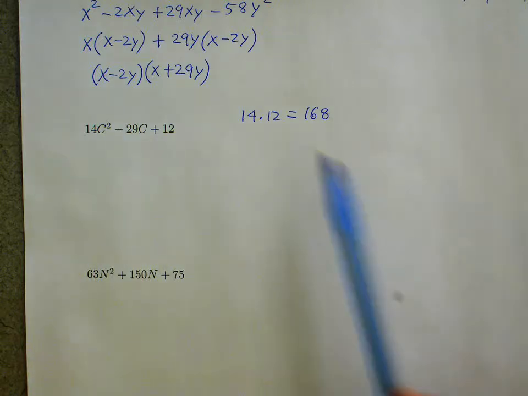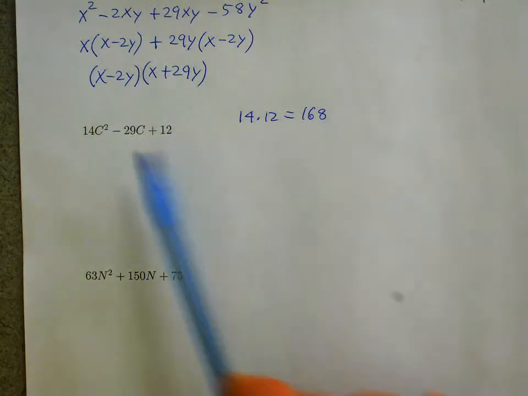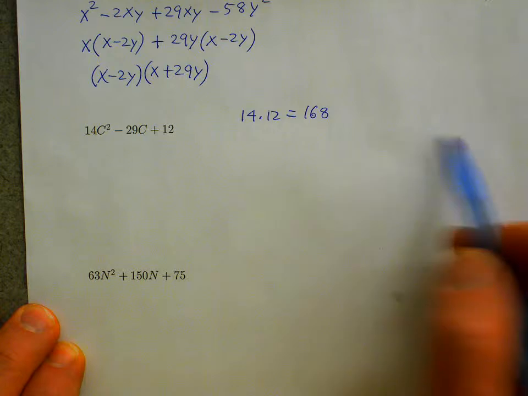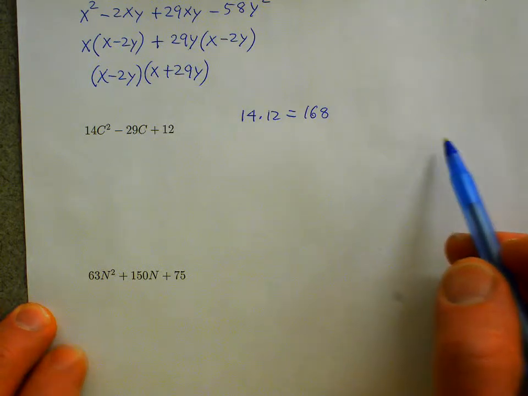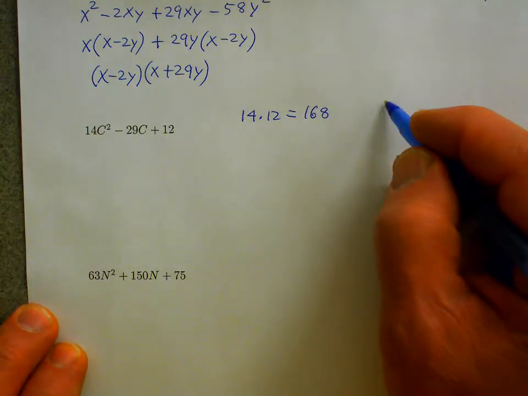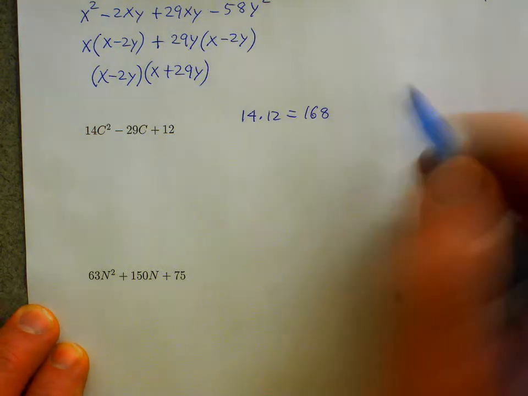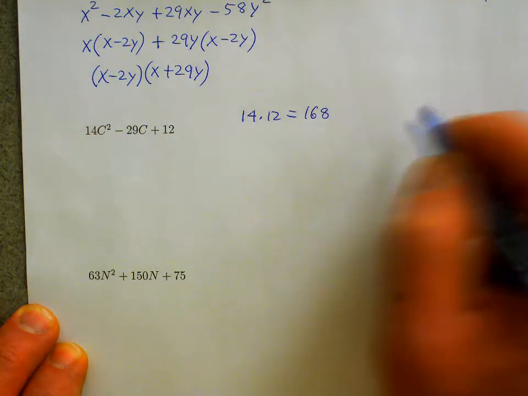If the product of two integers is positive and they add up to a negative, what must be true about those two numbers? They must both be negative. So let's go through the systematic approach. It won't take too long. We pick pairs of integers where both are negative and whose product is 168.